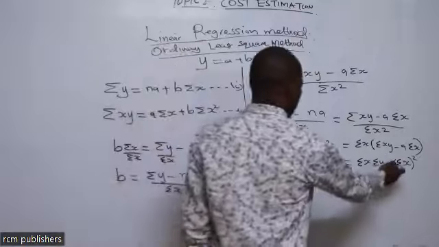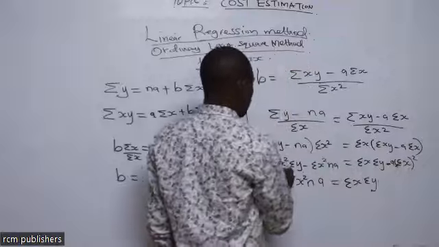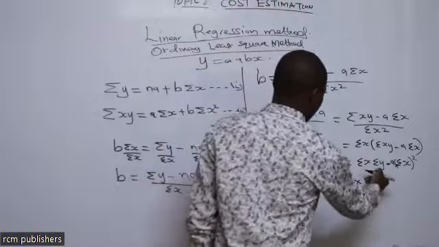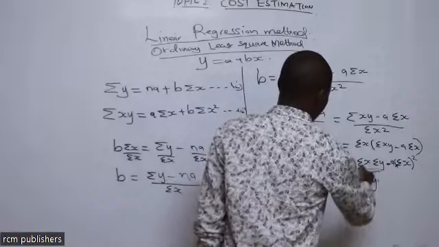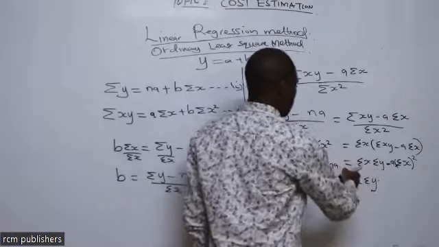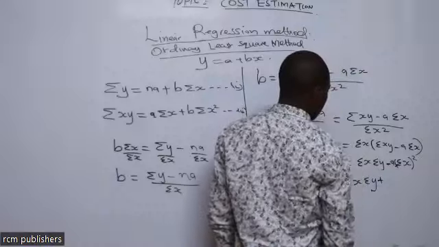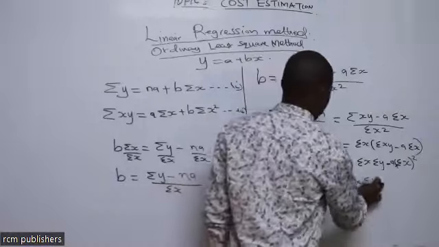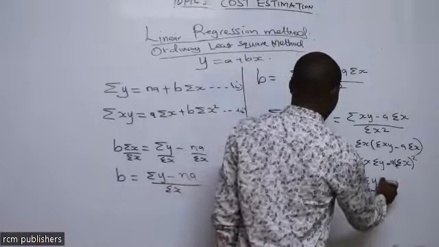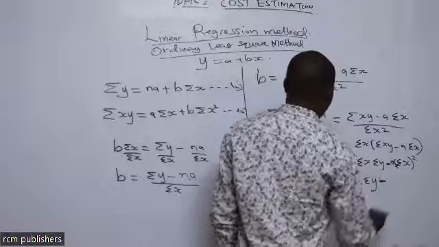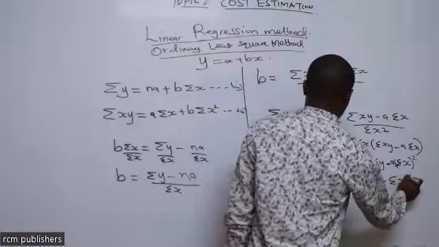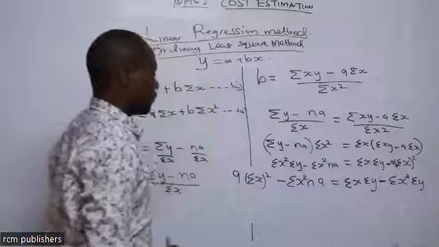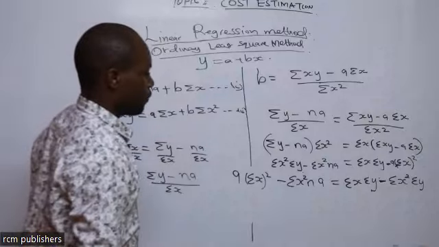Then this one is brought to the other side. Then we have this portion here, which is a positive. Which one are we taking? This one here. So plus summation of x squared summation of y. That is what we have.